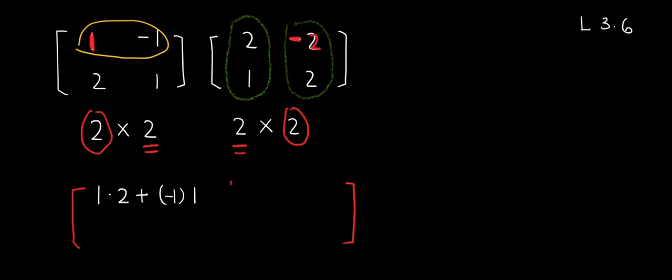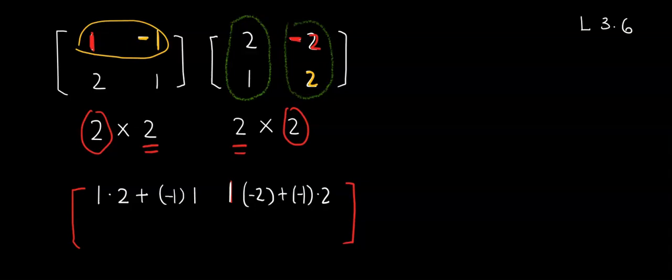So it is 1 times negative 2. And then you want to do the second one with the second one. So second one would be plus negative 1 times 2. Okay? All right. We finish the first matrix, row 1.